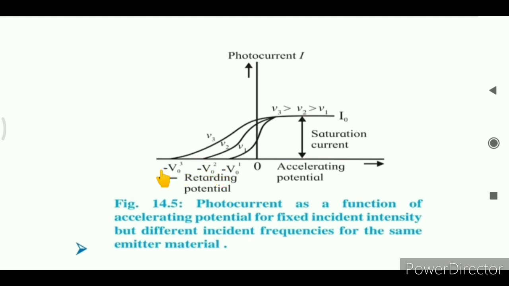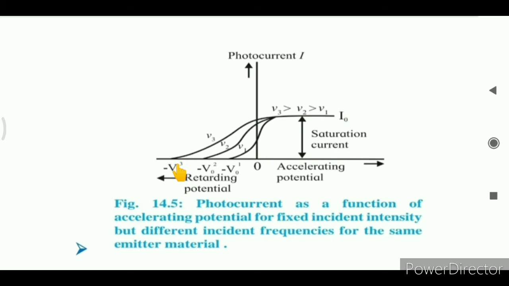Here we are changing the negative potential and the applied frequency. That frequency must be greater than the threshold frequency. So for different frequencies, we are getting different values of the stopping potential.